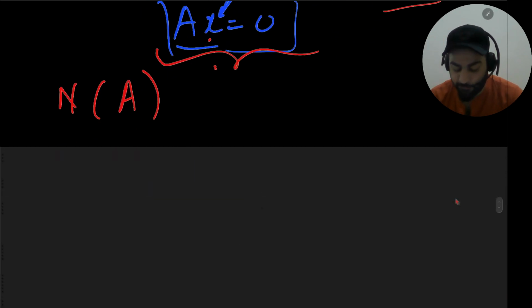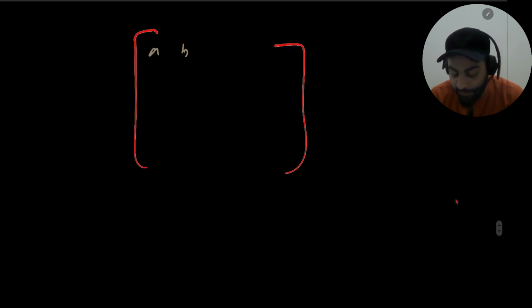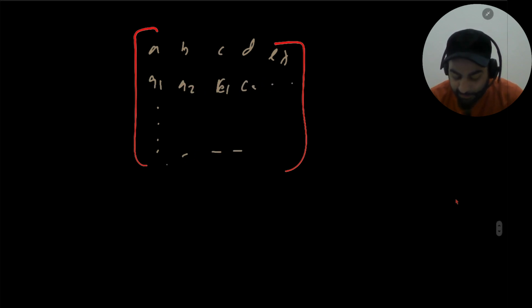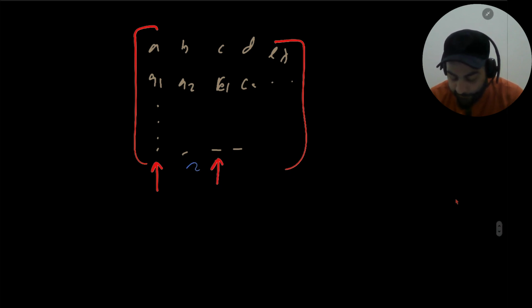Let's suppose we have a matrix, just for the solution's sake, with entries A, B, C, D, E, F, let's say A1, A2, B, C1, something like this. Some entries were there, and here we had 1 and 2 pivot rows, and we had, let's suppose, 3 free variables. These are free columns.